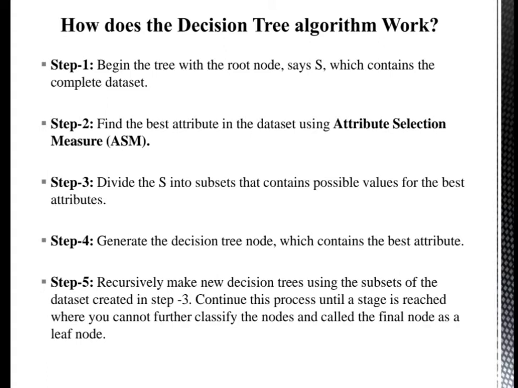Divide the S into subsets that contain the possible values for the best attribute. Step 4. Generate the decision tree node which contains the best attribute. Step 5. Recursively make new decision trees using the subsets of the dataset created in step 3. Continue this process until a stage is reached where you can't further classify the nodes, and call the final nodes leaf nodes.